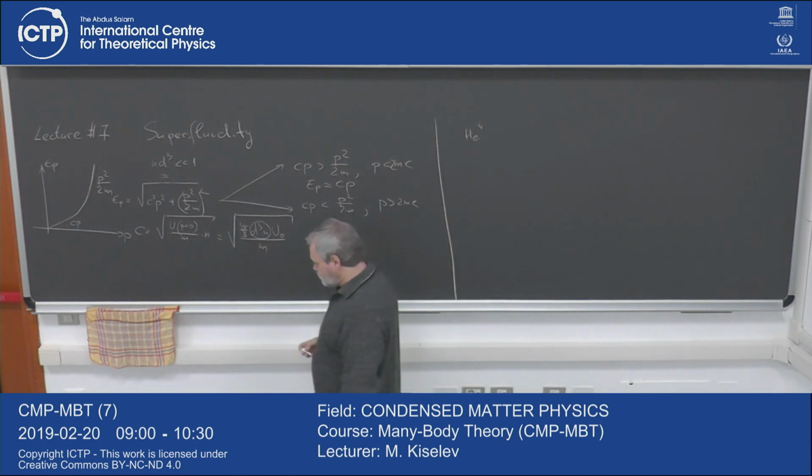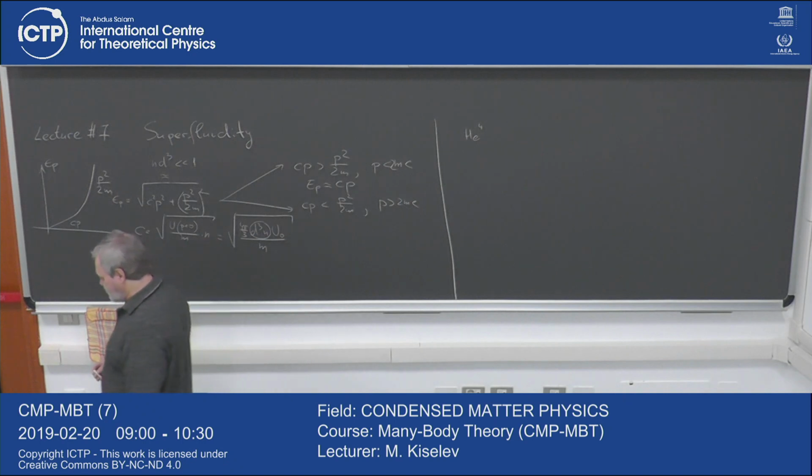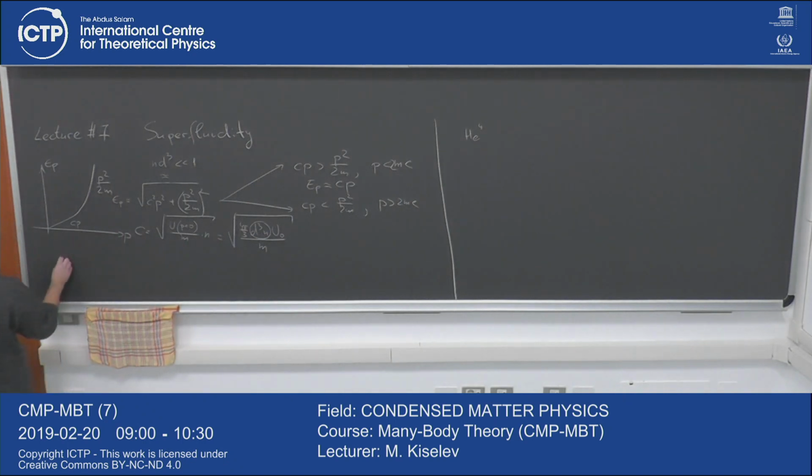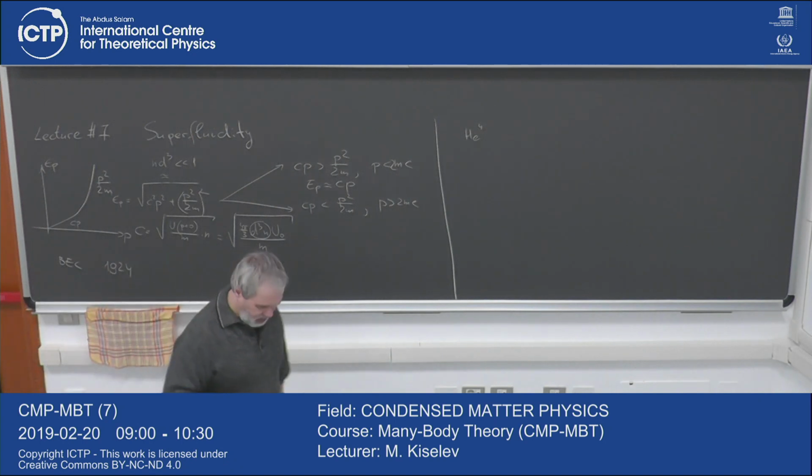By the way, historically, the Bose condensation was theoretically suggested in the works of Indian physicist Bose and Albert Einstein in 1924. However, this phenomenon was not observed for almost 70 years.